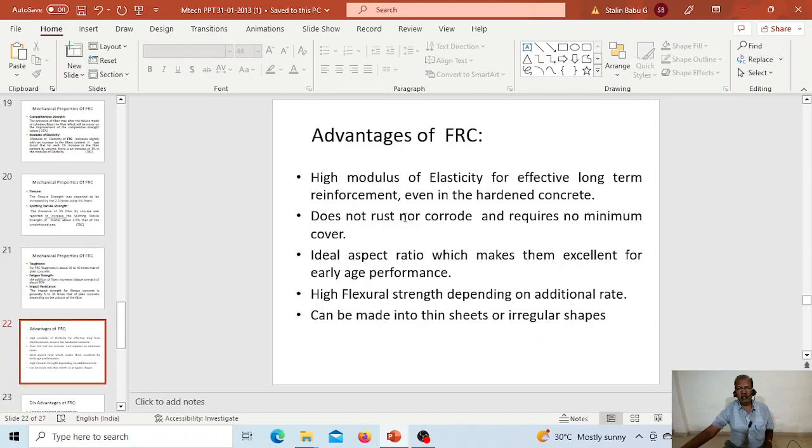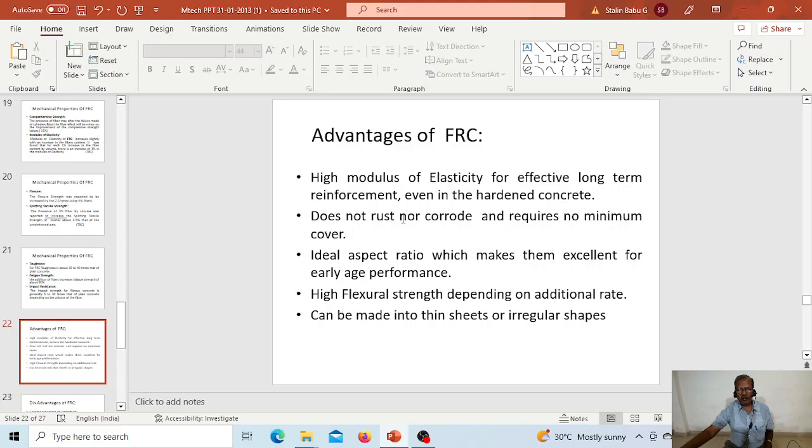Advantages of fibers: high modulus of elasticity for effective long-term reinforcement, even in the hardened concrete. Does not rust nor corrode and requires no minimum cover.